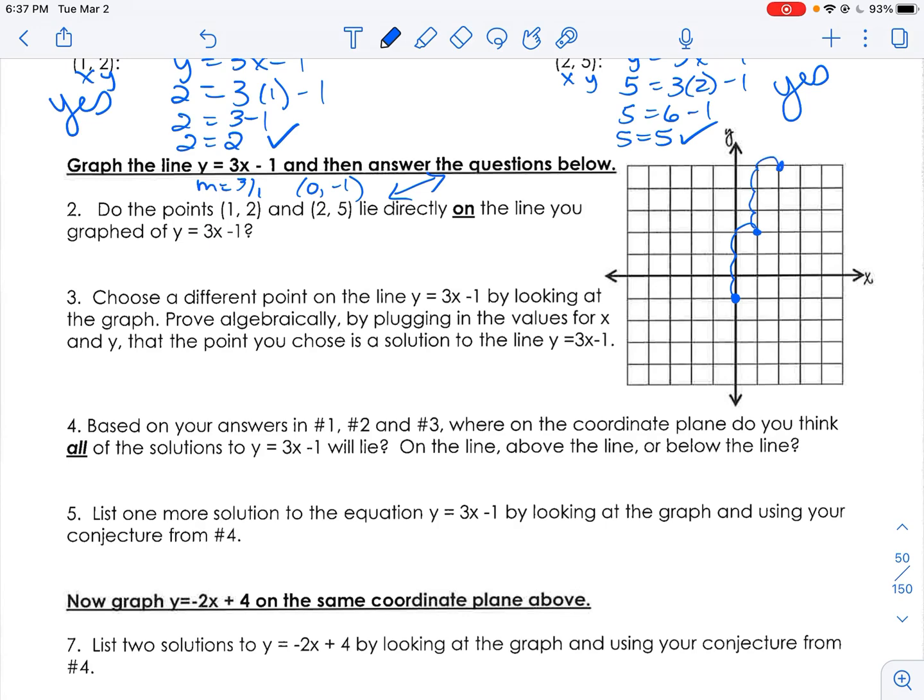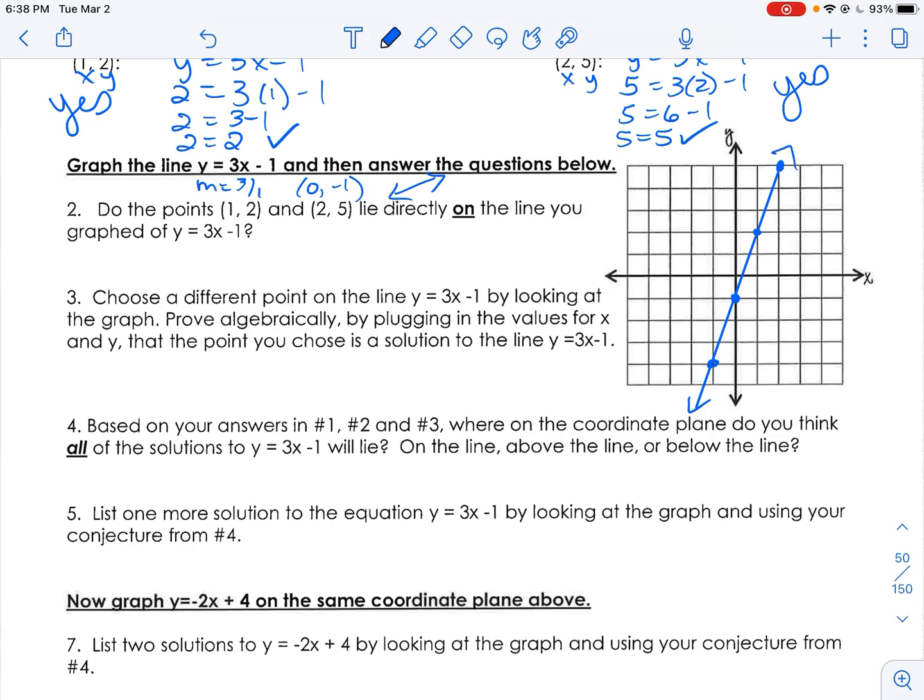I go over 1. Now I realize you don't actually need these little marks right there, but it makes it easier to do. And then 1, 2, 3, and over 1. Okay, again, I don't actually need these, but I do need to make my line. Oh, that was pretty bad.